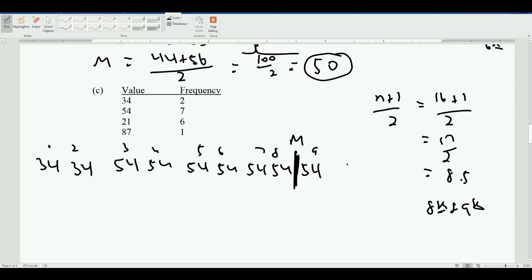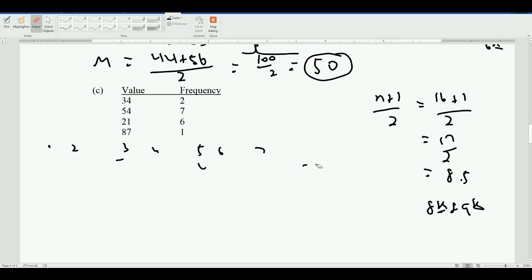Anybody catch it? That wasn't correct order. Did you catch that? Because I should start with the 21. See that? Correct order.